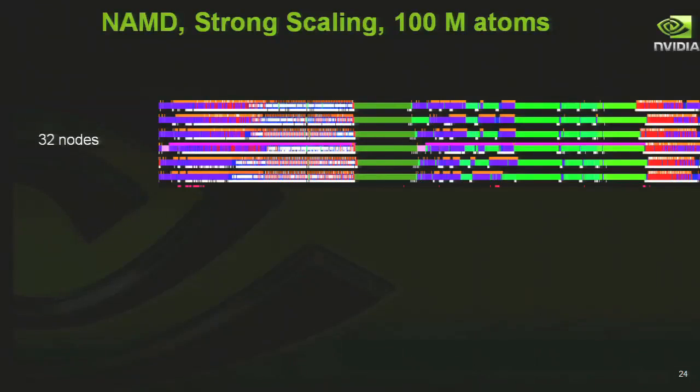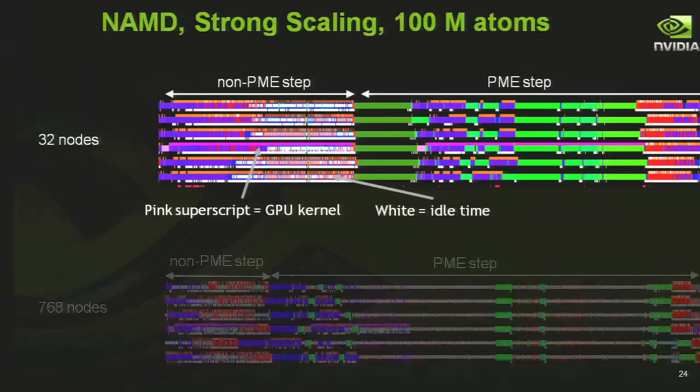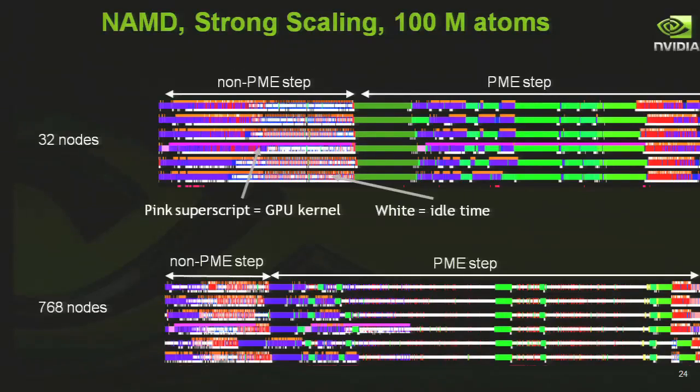So it's really a great tool. And what we saw was, at 32 nodes, there was a little bit of idle time. There's a little bits of these little chunks of void. At 768 nodes, there were these huge amounts of idle time. And so it turns out that these huge amounts of idle time are the reason that we're getting such poor scaling. And these were because messages were getting delayed.